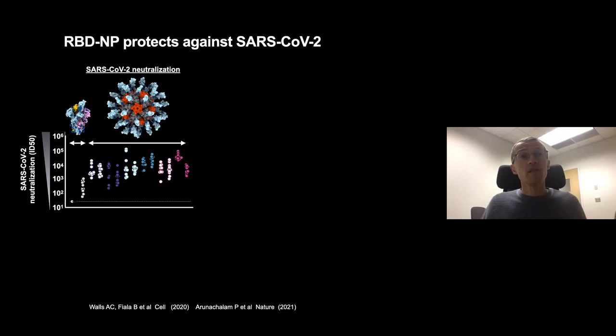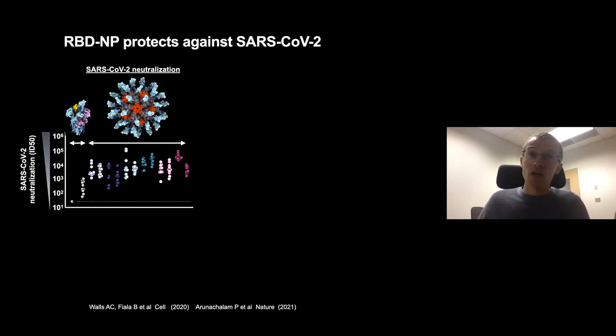In a preclinical study in mice, we showed that various flavors of these nanoparticles were eliciting about 10 times higher titers of neutralizing antibodies compared to the prefusion stabilized spike, which you can see on the y-axis, the higher, the more potent neutralization.